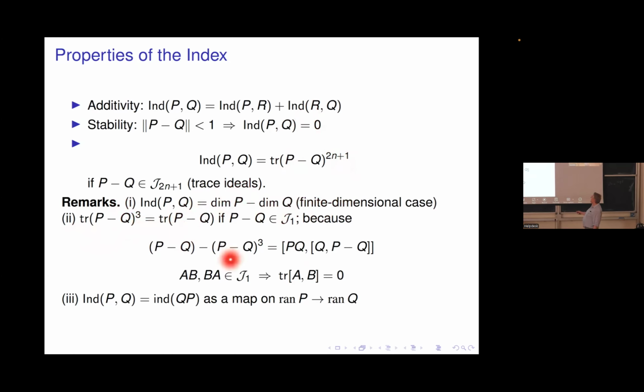And here is why. If you look at the difference and you do some manipulation, you can write it as a double commutator. But let's focus on the outer commutator. So it's a commutator, and P minus Q being already trace class, that inner commutator is trace class. So as a result, let's keep that on hold.